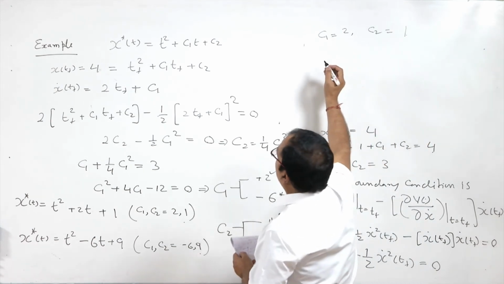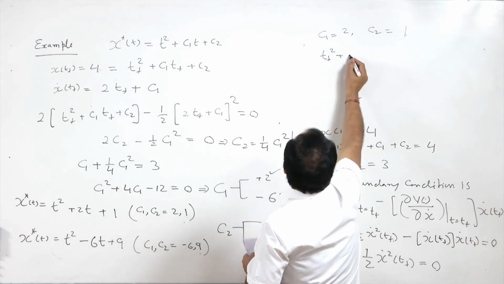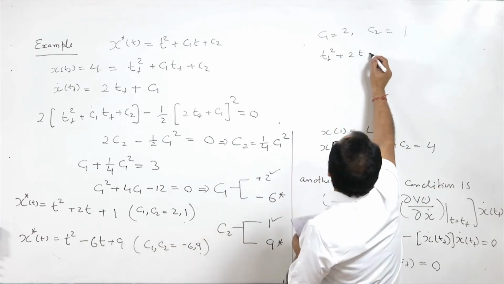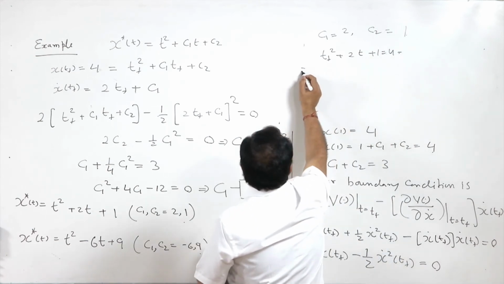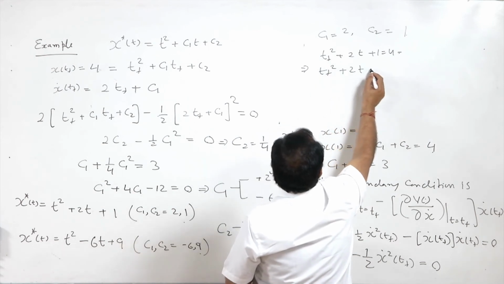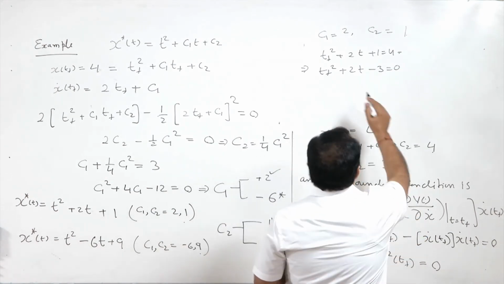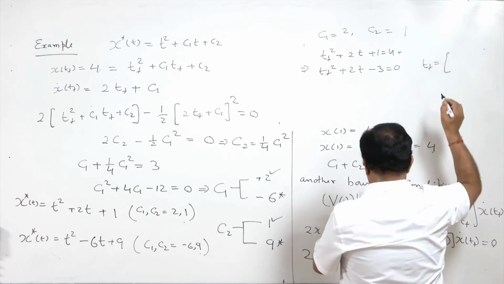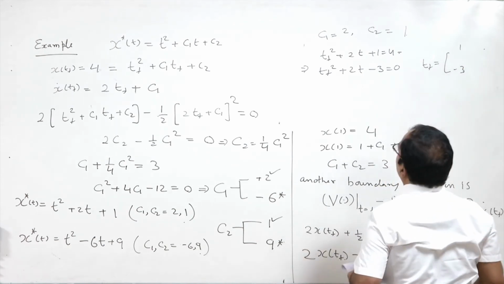So, this equation gives me TF squared plus 2TF plus 1 equal to 4. This implies TF squared plus 2TF minus 3 equal to 0. If I solve this, it gives me TF equal to 1 and minus 3.